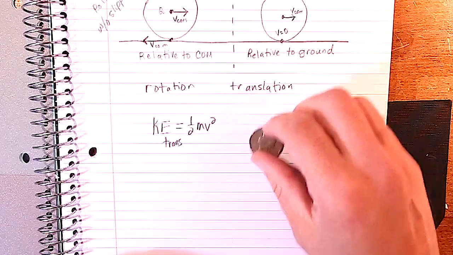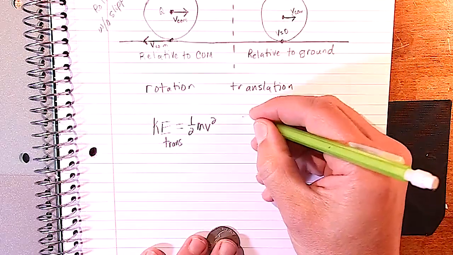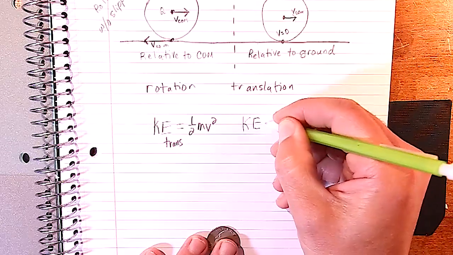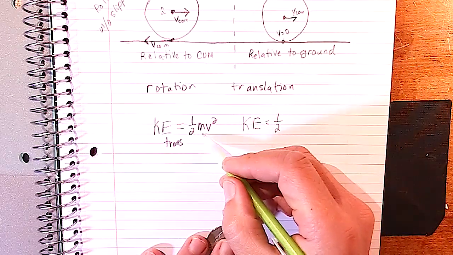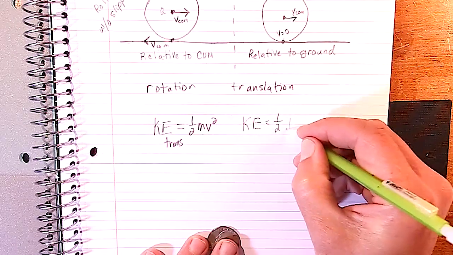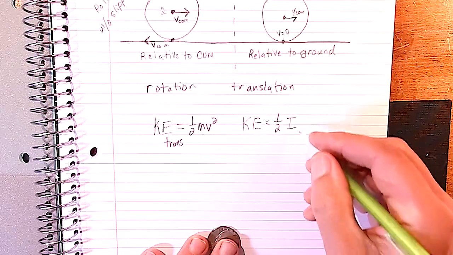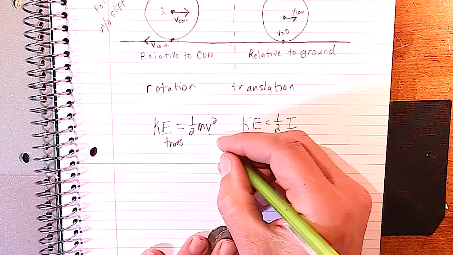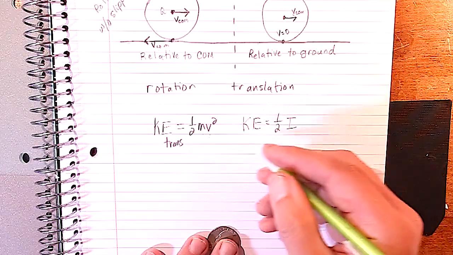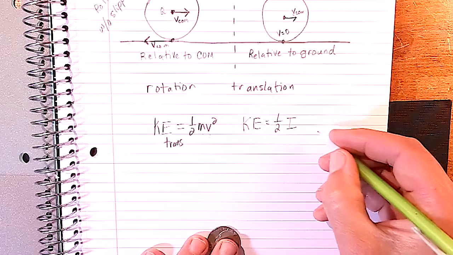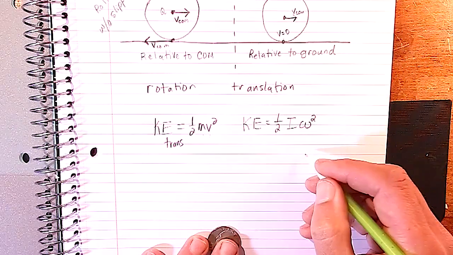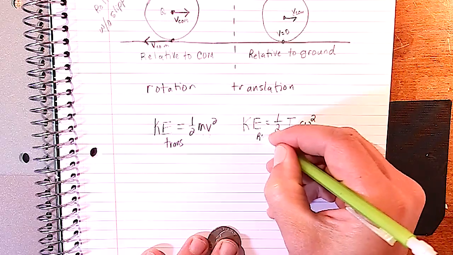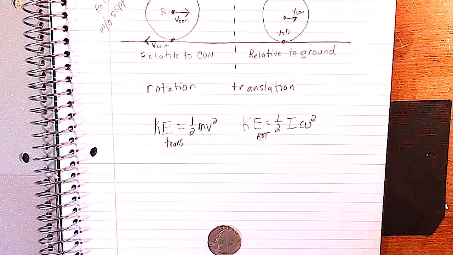So that's it rotating. So that would be KE equals 1/2. What's the idea of mass when we deal with rotation? That's the moment of inertia, or the rotational inertia. And what do you think this would be? Well, this is the velocity of rotation, so this is going to be omega squared. So that is KE rotational.